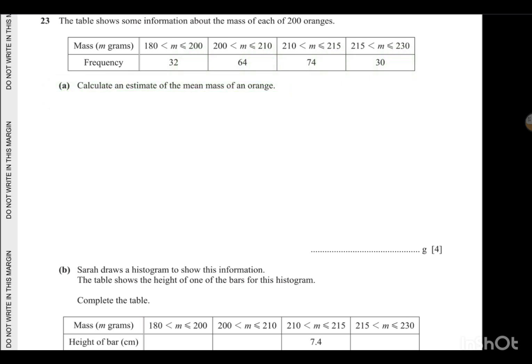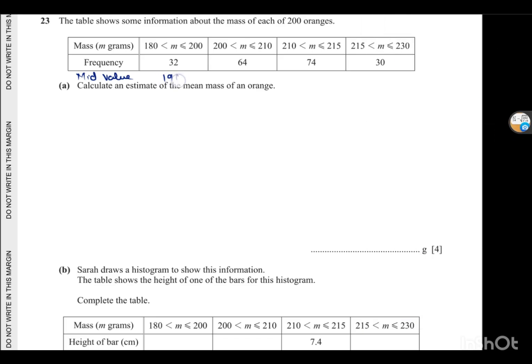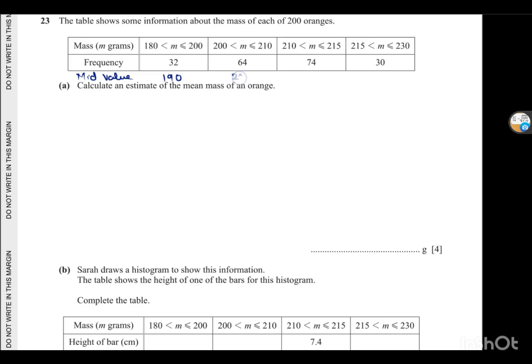So finding the mean here, to find the mean of the given data, we need to find the mid value of each class. So mid value we will find out: 180 plus 200 by 2, that is 190. This is the mid value for the first class. Now next class is 200 and 210. 210 and 200 is added, 205 is the mid value.